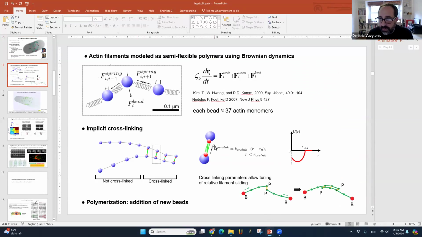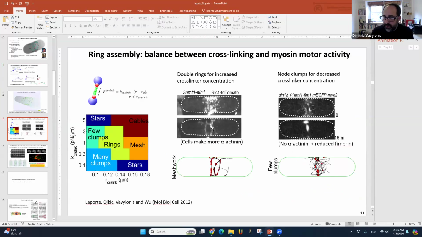So it should depend on how many cross-linking proteins we have, and what type of cross-linking proteins there are. There are different types of cross-linkers. This alpha-actinin cross-linker is a long and flexible linker, while fimbrin is a tight and stiffer cross-linker.